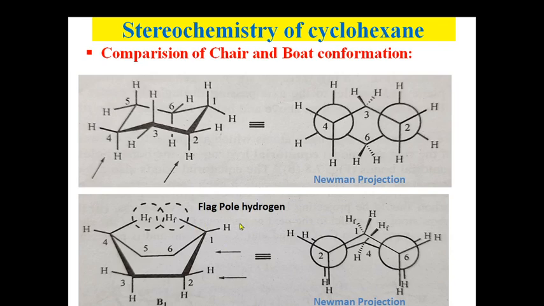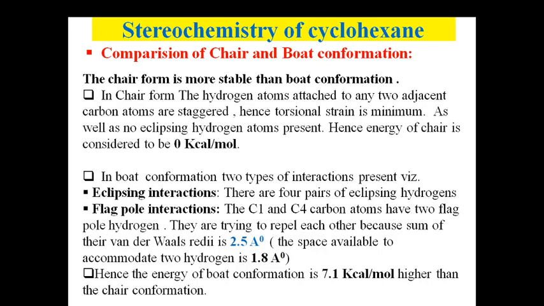So two factors are present in the boat conformation, that is, eclipsing pairs of hydrogens as well as flagpole interaction, that increase the energy of the boat conformation. Here is the information related to that.